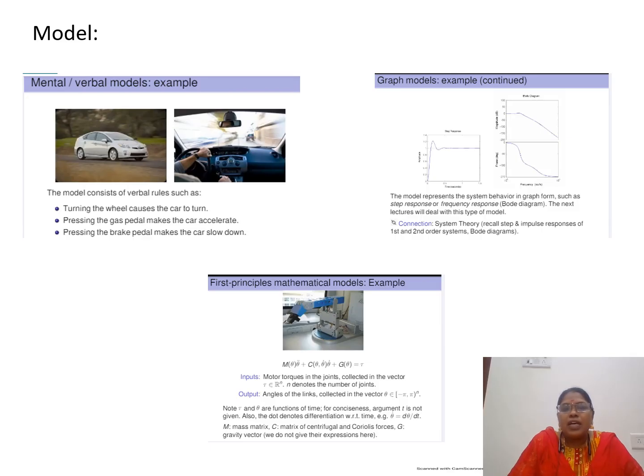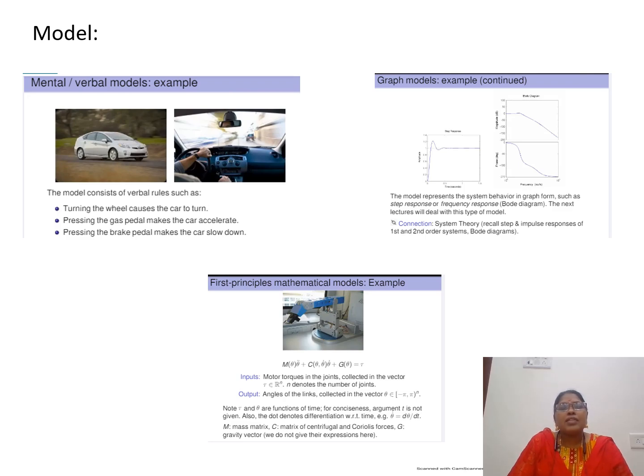Now here we have three different types of models. One is the mental model or verbal model, the second is the graphical model, and the third is the mathematical model. A verbal model has no mathematical formula and no mathematical relations. Whatever we have as a sentence or as words we can use as a model.